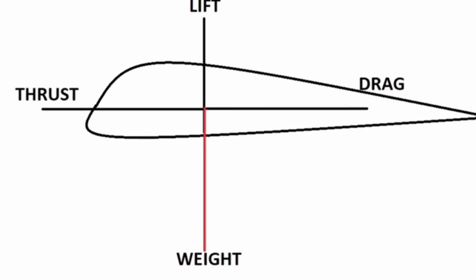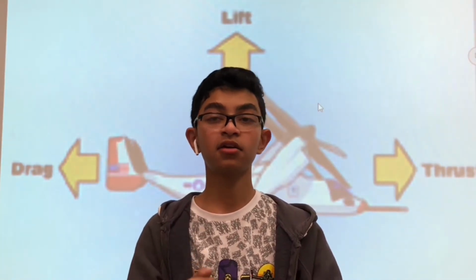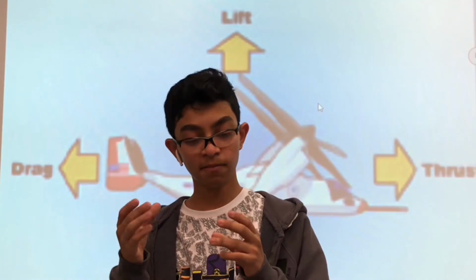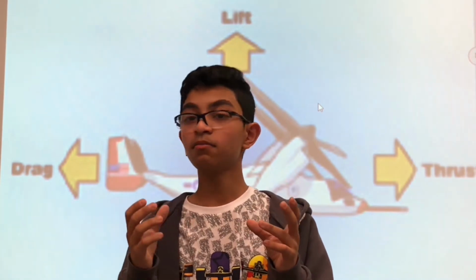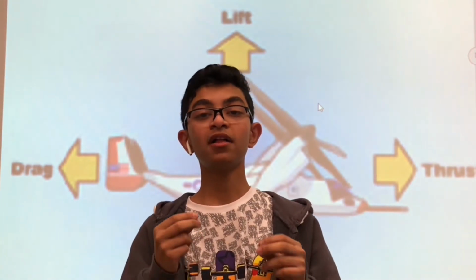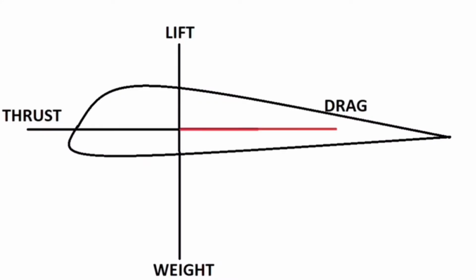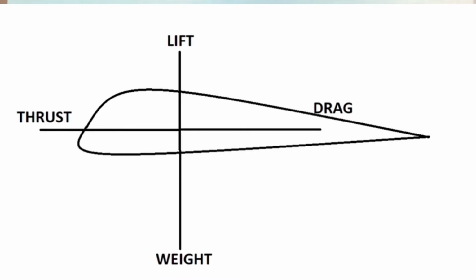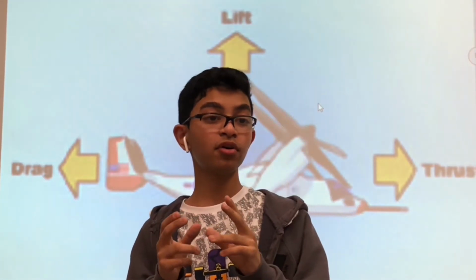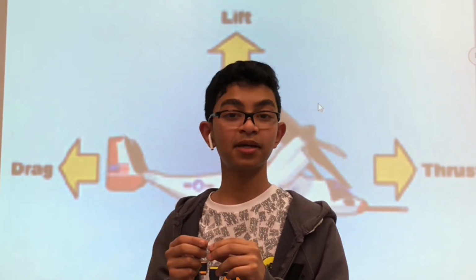Weight is the gravitational force acting on an object by the earth, while thrust is the propulsion force made by the object, like a jet engine. The two most important forces are drag and lift, since they play an important role in aerodynamics.